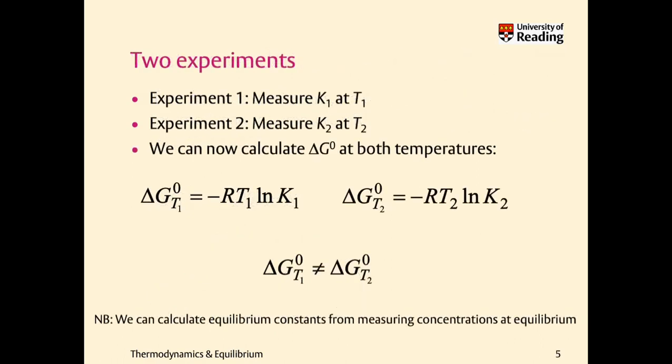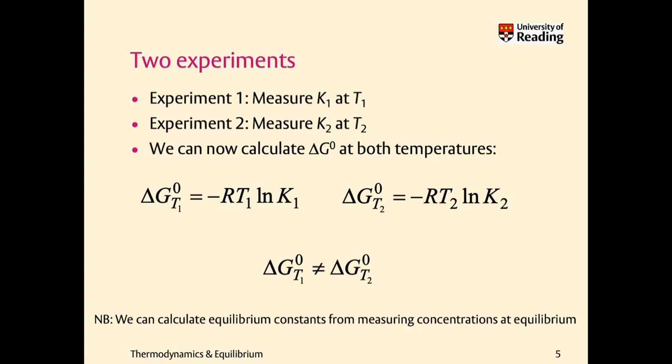So here are two experiments. In experiment 1, we've measured K1 at temperature T1, and in experiment 2, we have measured K2 at temperature T2. We can do this because we can calculate the equilibrium constant by measuring the concentrations of reactants and products at equilibrium.